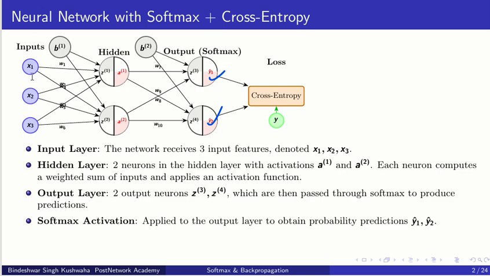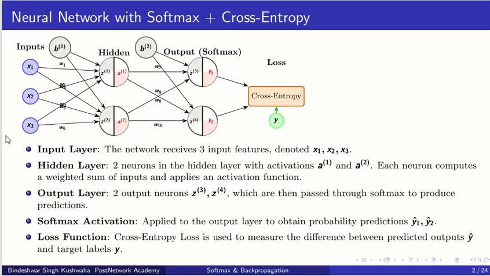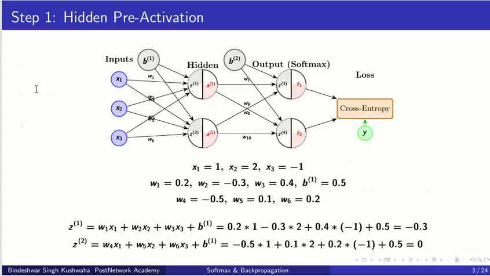Thereafter we have used cross entropy loss function, which is used to measure the difference between predicted output y hat and target labels y. So without further delay, let's start.